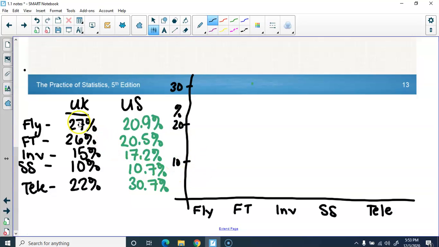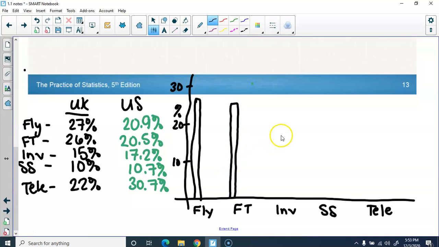I'm going to do all of the UK numbers in black first. I'm using a tablet here to write, and it is actually pretty difficult, so that's why these are so wobbly. This is 26%, 15, super strength is 10, and telepathy is 22.